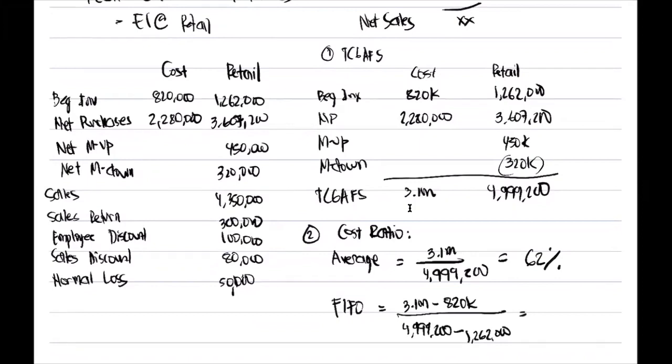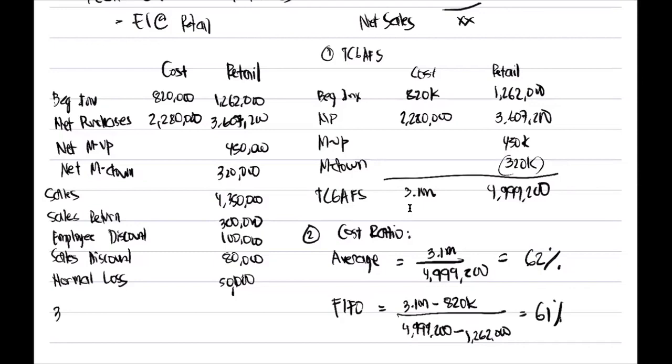So 3.1 million less 820,000 divided by 4,999,200 less 1,262,000. We have here a percentage equal to 61%. Okay, so we're done computing for your average and your FIFO cost ratio.